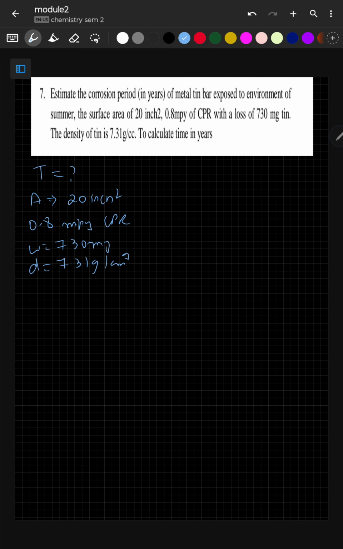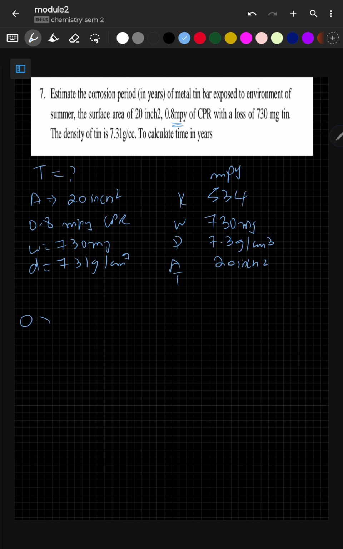Calculate time in years. So this is for mpy, as it's seen. mpy, KWDAT, let's write 534. Weight should be milligram, it is in milligram, 730 milligram. Density 7.3 gram per centimeter cube. Area has to be in inch square, it is in inch square. 20 inch square. Time you have to find.